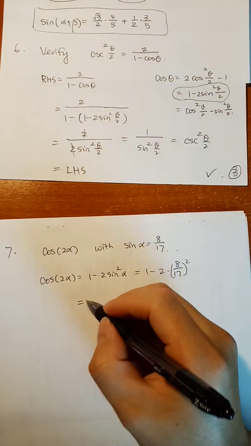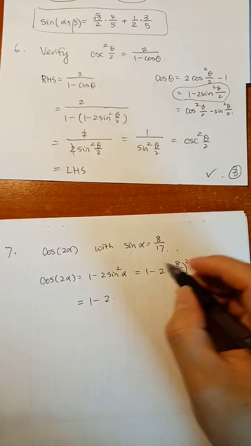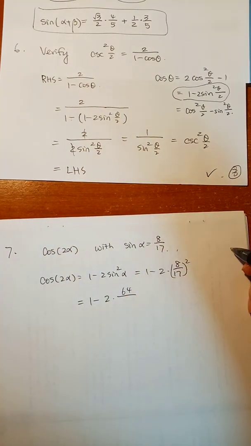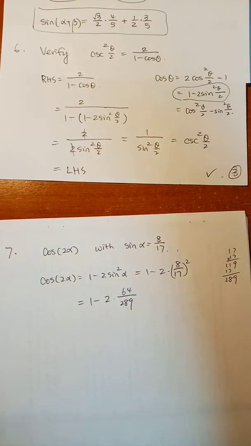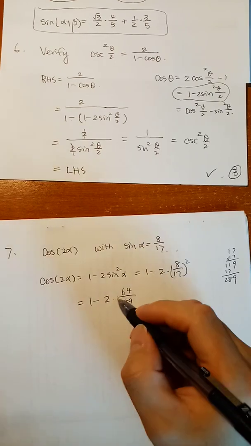Well, let's compute. 8 squared is 64, 17 squared is 289.